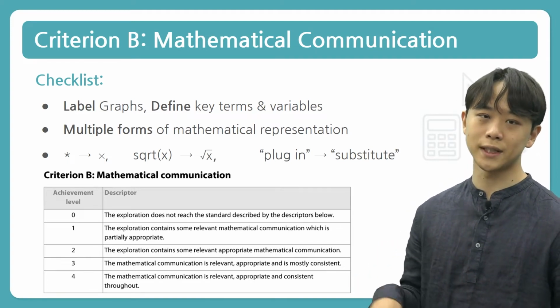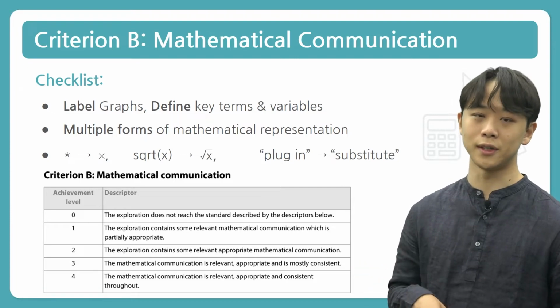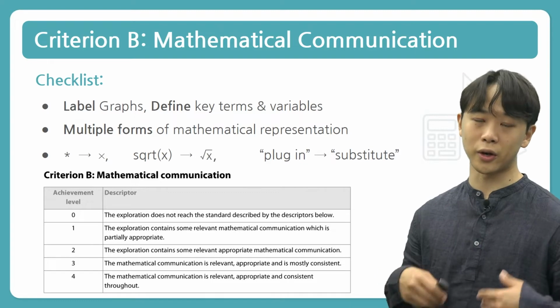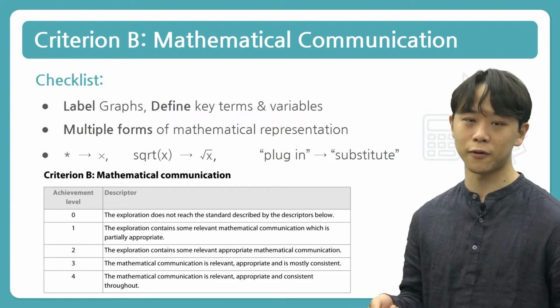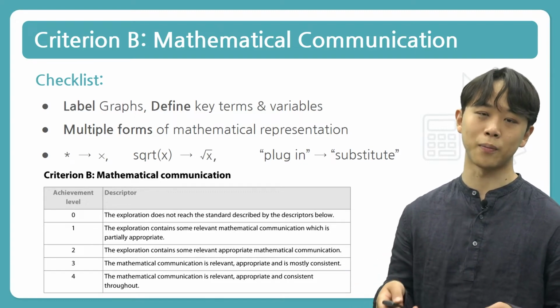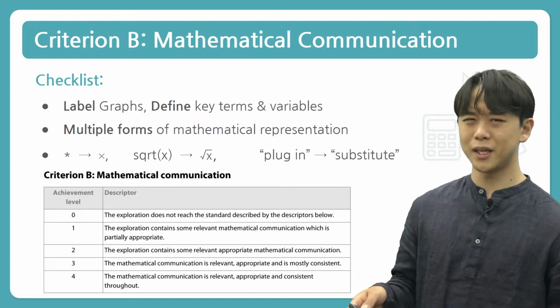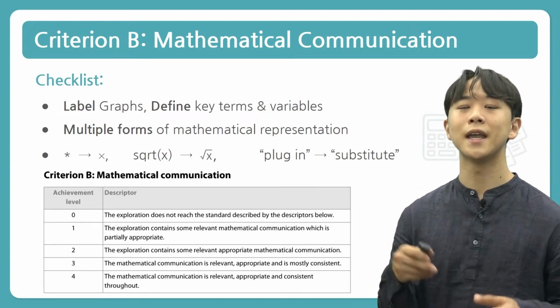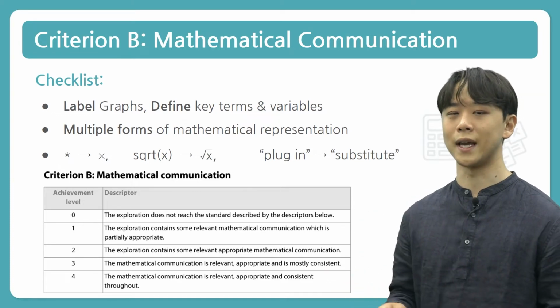The asterisk or SQRT is used to denote multiplication and square root, but you should use Microsoft Word's equation software to make sure that the symbols are proper. And you shouldn't be using colloquial terms like plugging this value into X. Instead, you should be using proper terms like substitute.